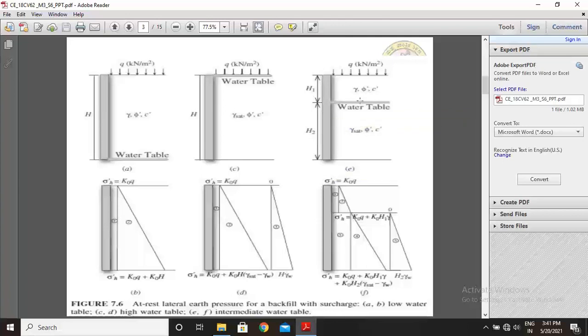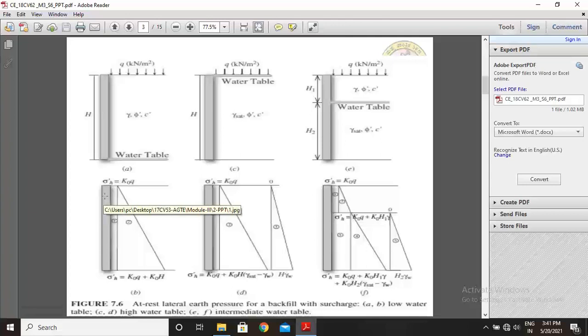Above the water table the backfill properties are gamma, phi dash, c dash. Below the water table the unit weight of backfill is gamma saturated, phi dash, c dash. And this is the surcharge load. Based on these three cases, how is the lateral earth pressure distribution diagram plotted?